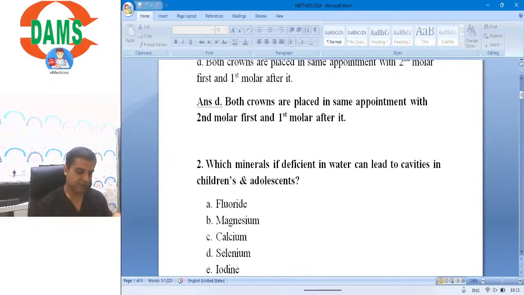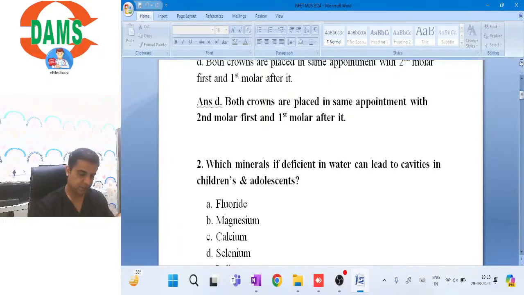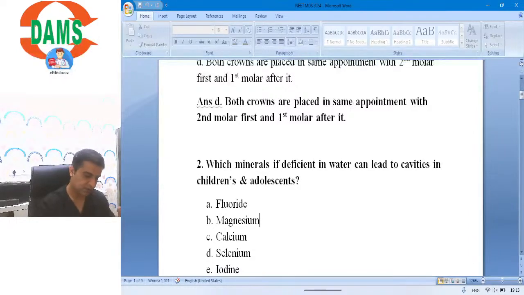Okay, so very easy. The answer will be fluoride. You don't even need to tick it. The answer will be fluoride. Right?